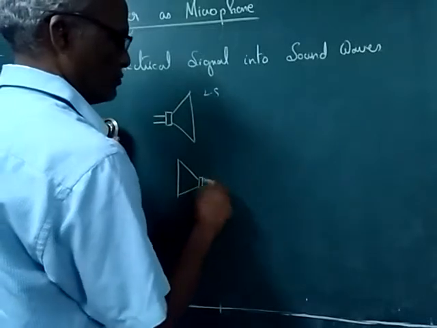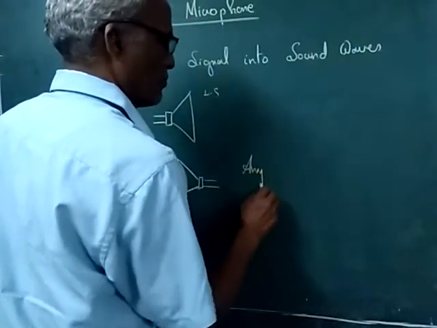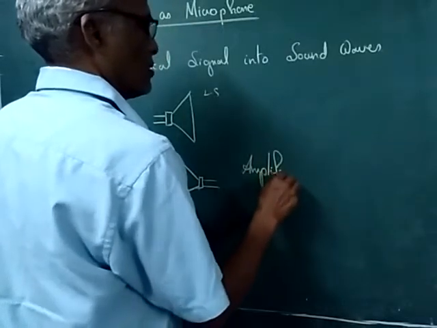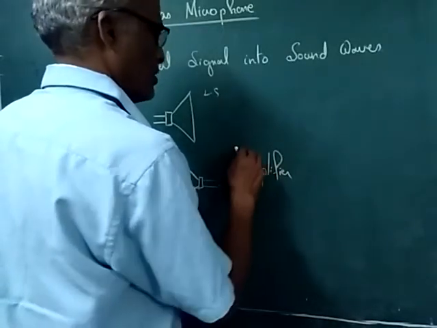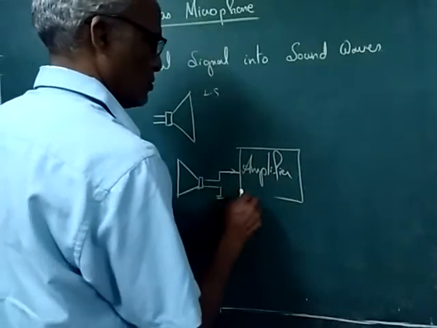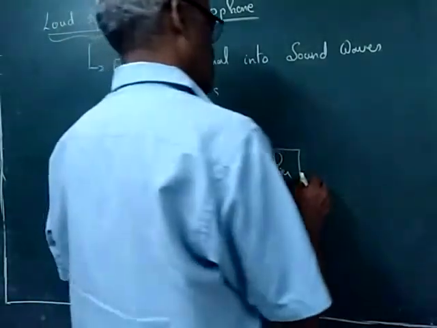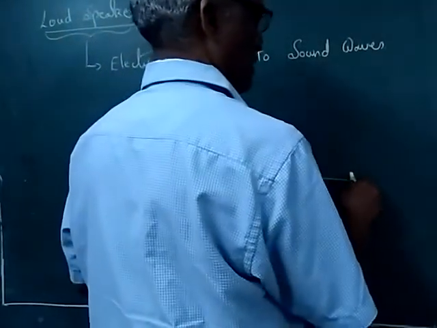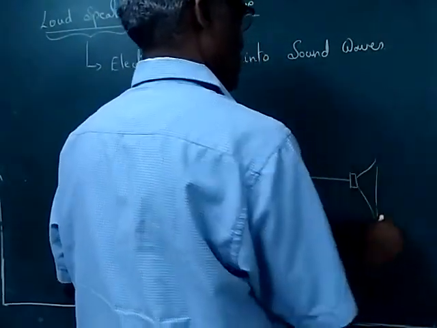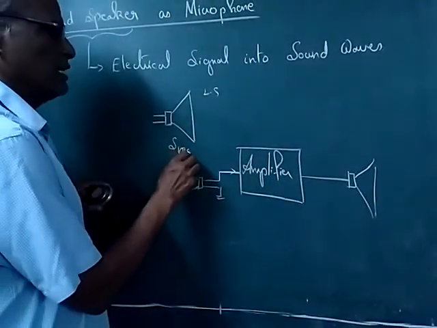Now you have this connected to an amplifier, signal, and this is grounded. The amplifier amplifies, and once again you can connect another speaker. Okay. Now here we are using only loudspeaker, which is acting as a microphone.